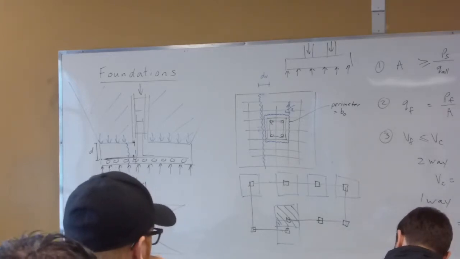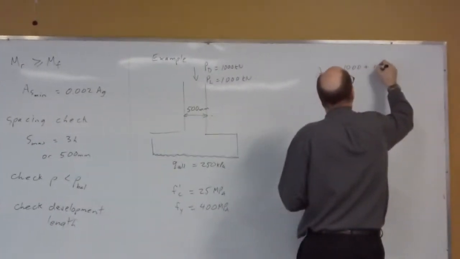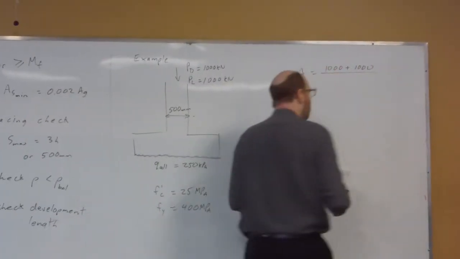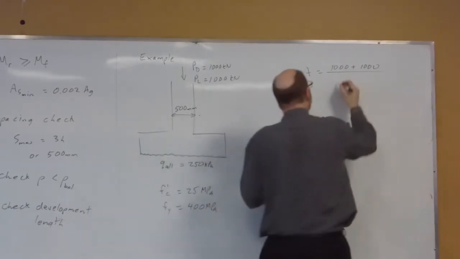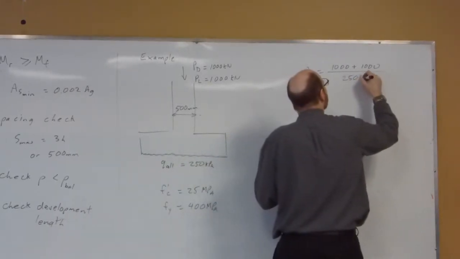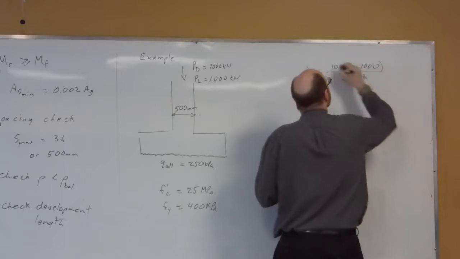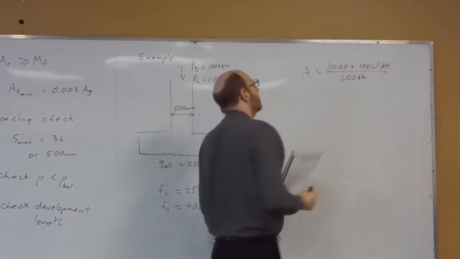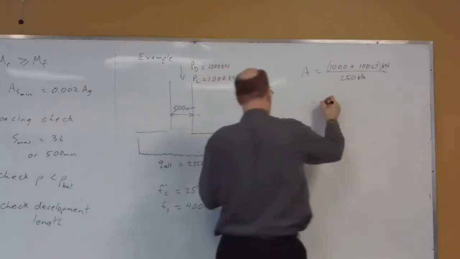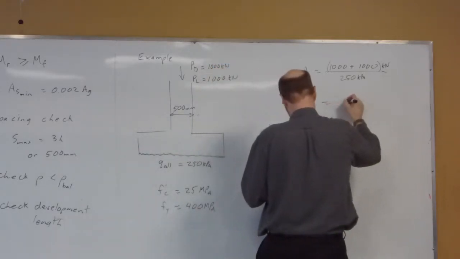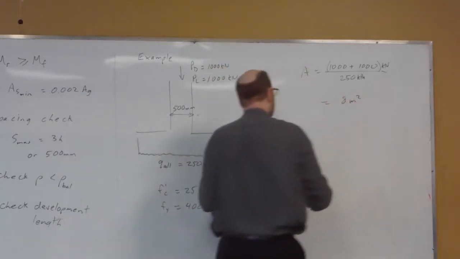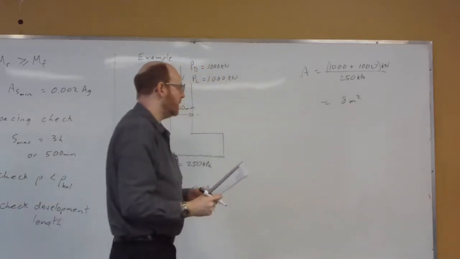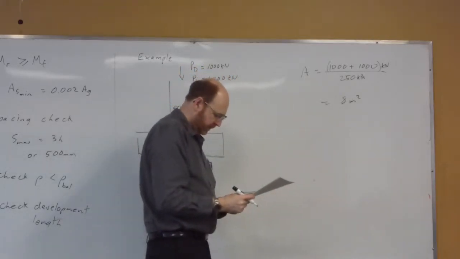So again, what we'll do is we'll start by coming up with an area calculation. So there's total load unfactored, and divide by 250 kPa. So again, kilonewtons over kPa is giving us an answer here in square meters. So now we're going to get an approximate size just by taking the square root of that.